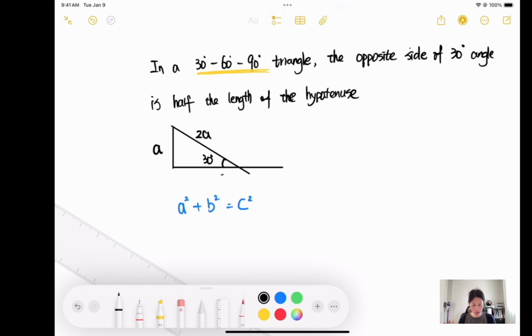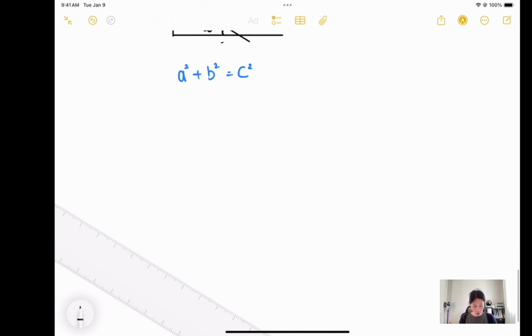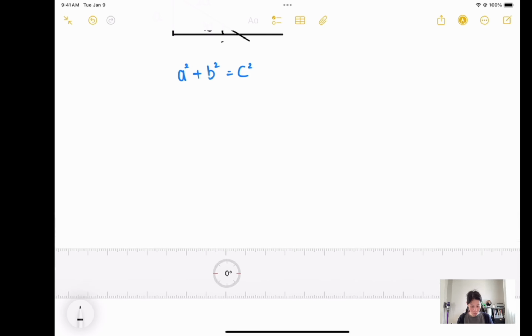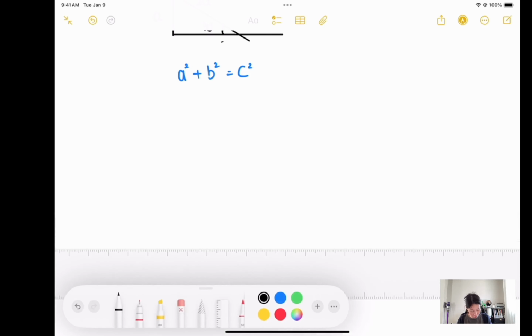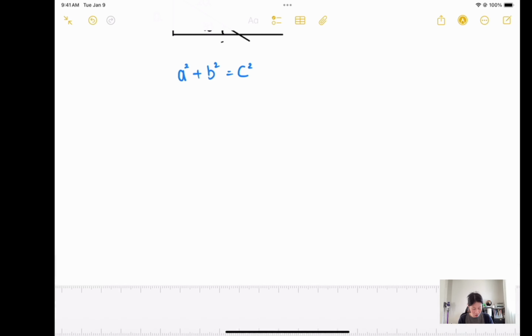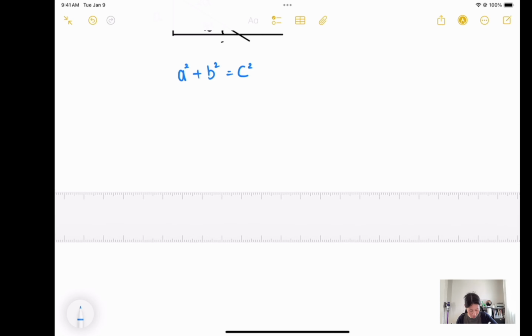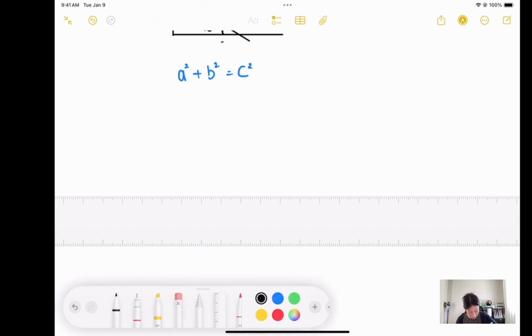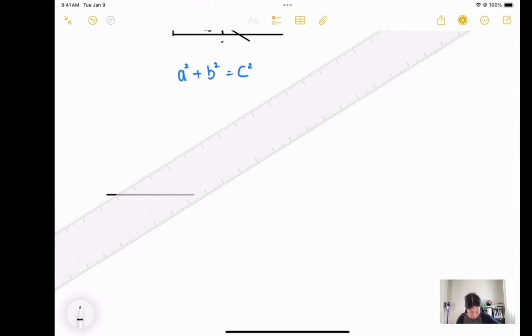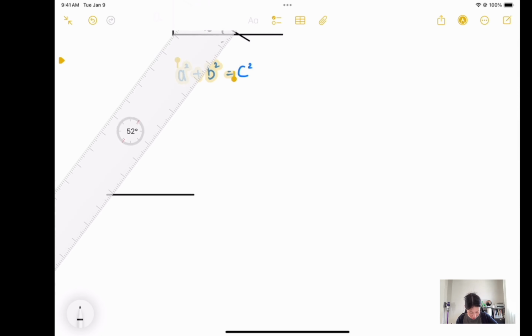Now let's start with our special angle. So suppose we have a 30°, 60°, and 90° triangle, and let's draw this.